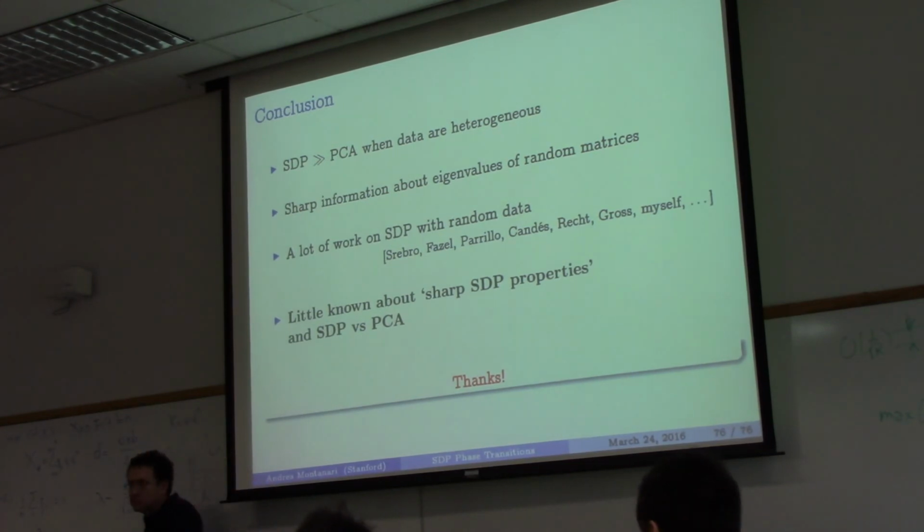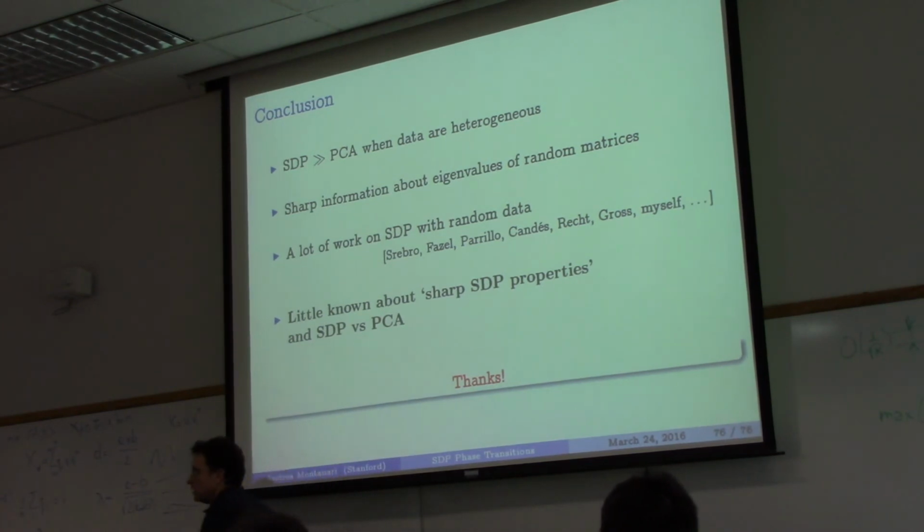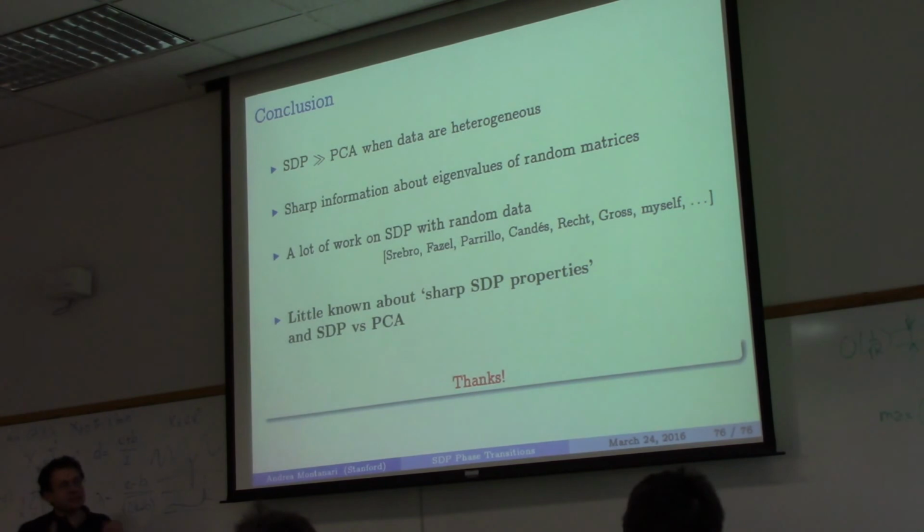Are the results the same when there are more than 2 blocks? Did everything carry over? We did the analysis for k blocks that are all equal, and basically everything goes through. We did the analysis for the testing problem, testing the null versus the alternative and getting the phase transition, the spectral phase transition.